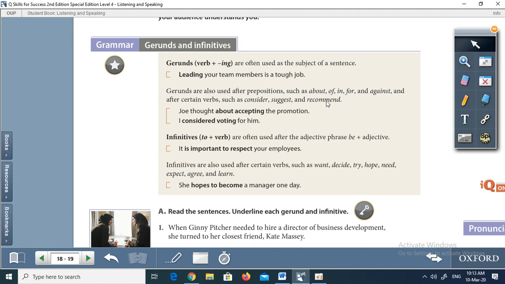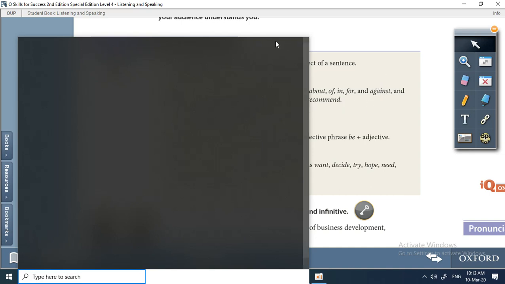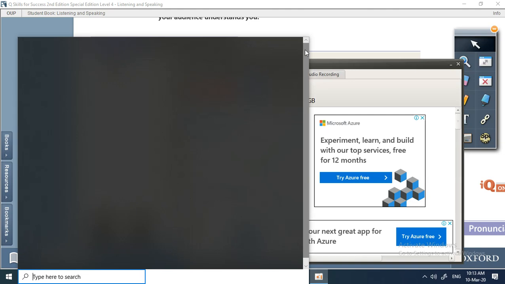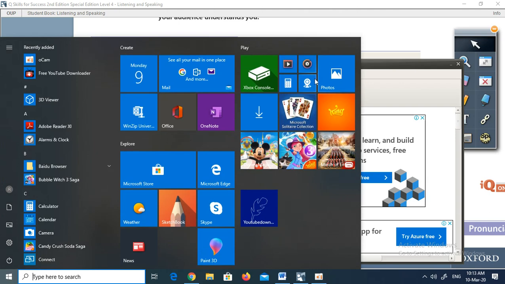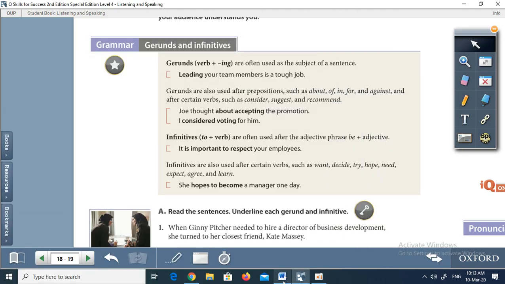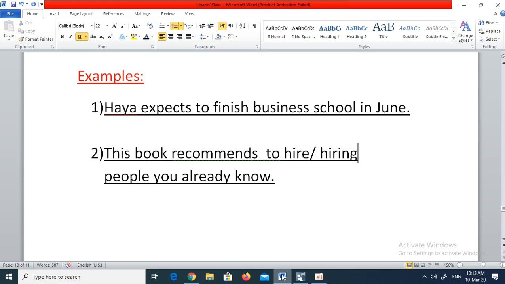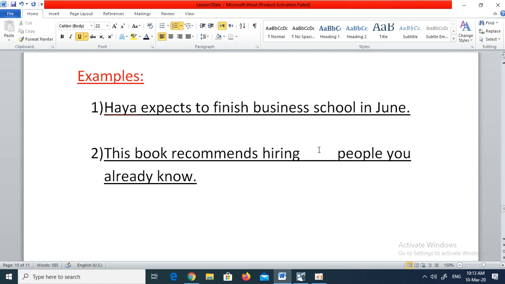If recommend takes a gerund, and the question says, this book recommends, then you know that the answer has to be hiring, because hiring is the gerund.